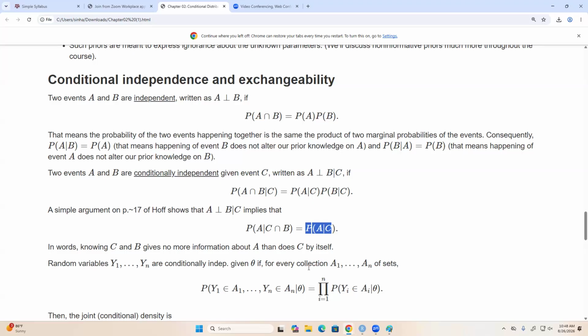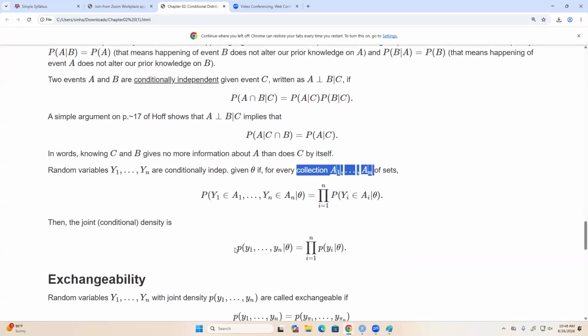So if that happens for any collection of a1, a2, ..., an, then we can write the joint density function of y1, y2, ..., yn as the product of these density functions.